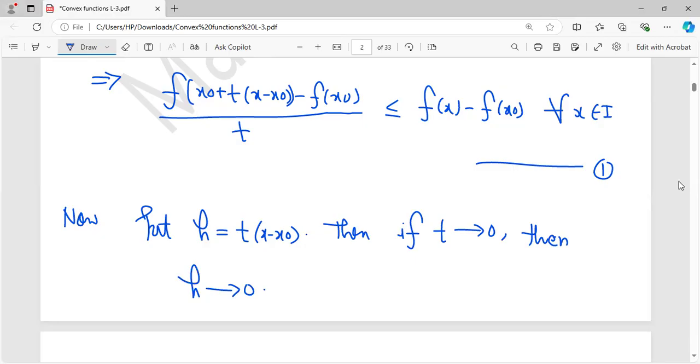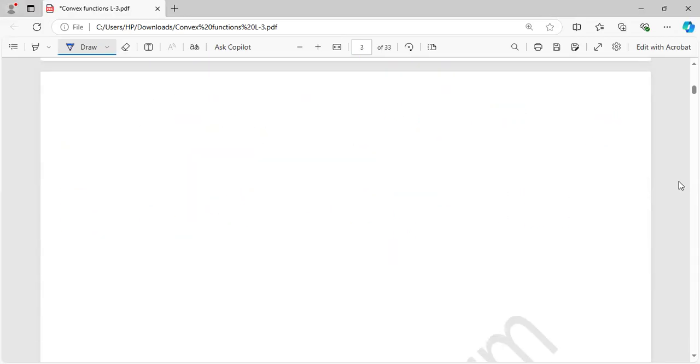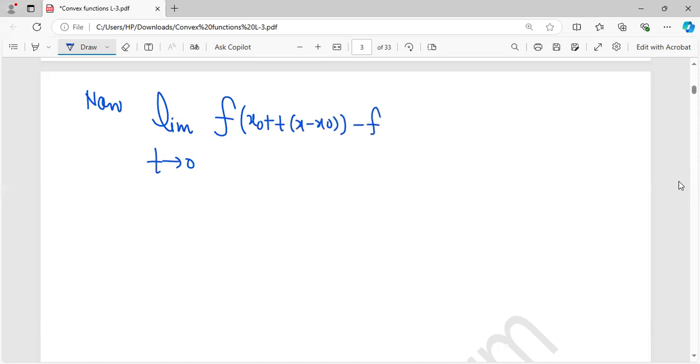So now, limit T tends to 0, f of x naught plus T times x minus x naught, minus f x naught, upon T.